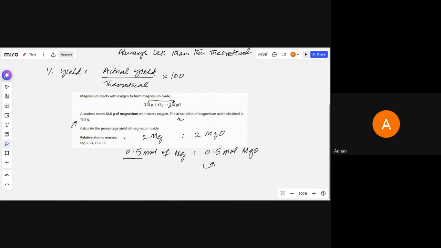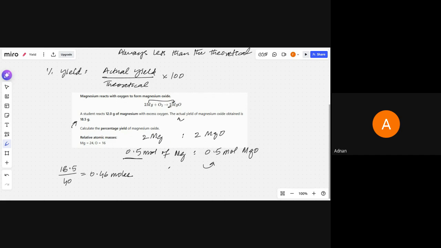I'm going to calculate the molar mass of magnesium oxide. It's 24 plus 16, we get 40. So 18.5 divided by 40, I'm going to get 0.46 moles, right?